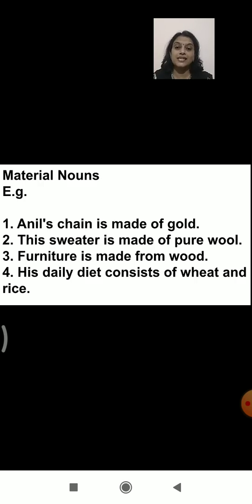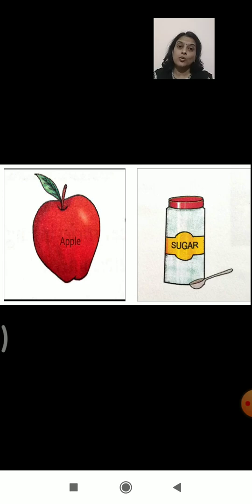So again these two are some ingredients, wheat and rice. So they are the material nouns. Hope it is clear. Now we'll move on to one more kind of noun.